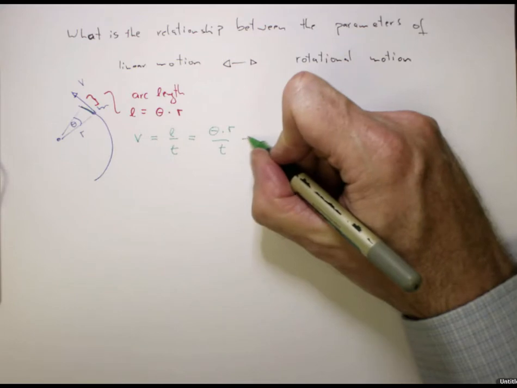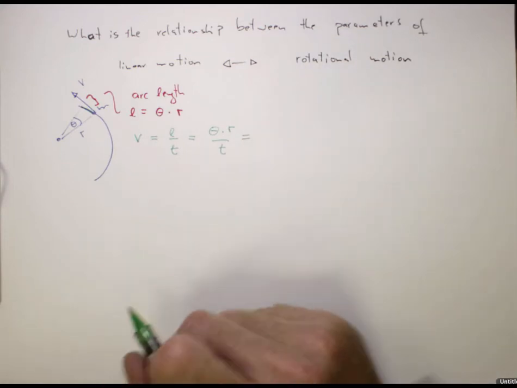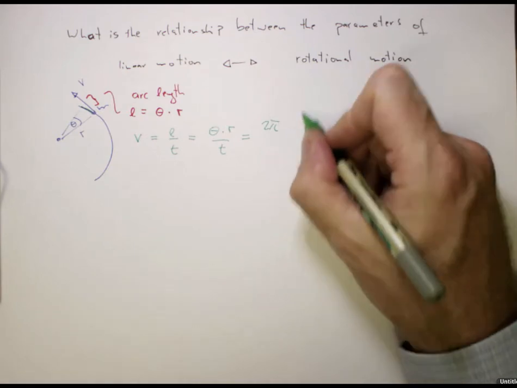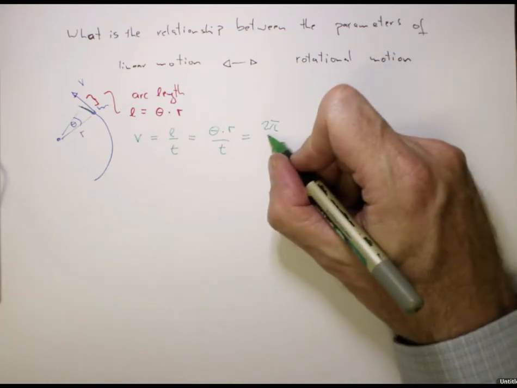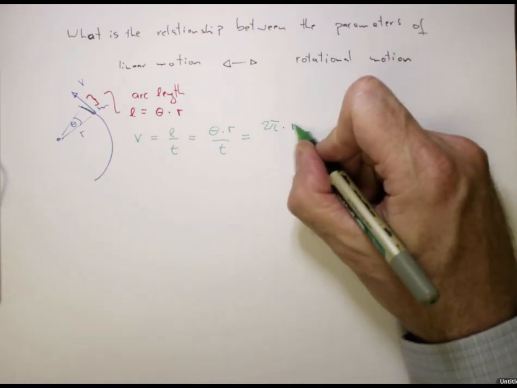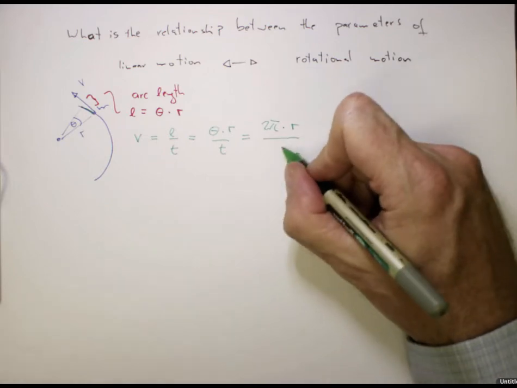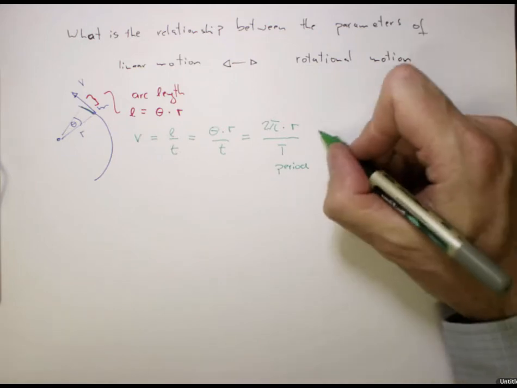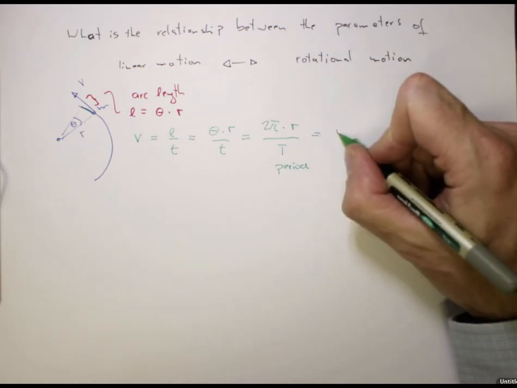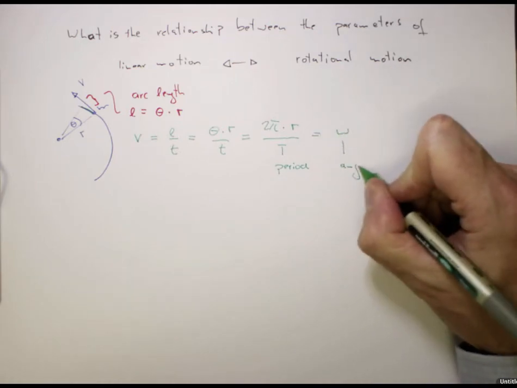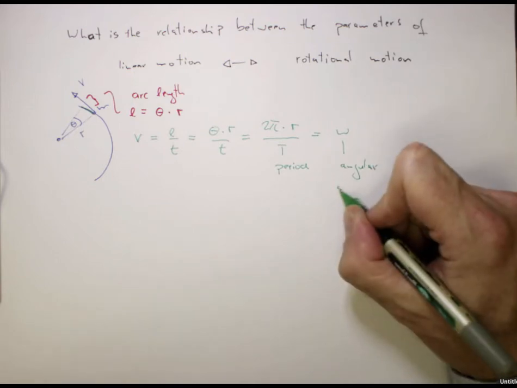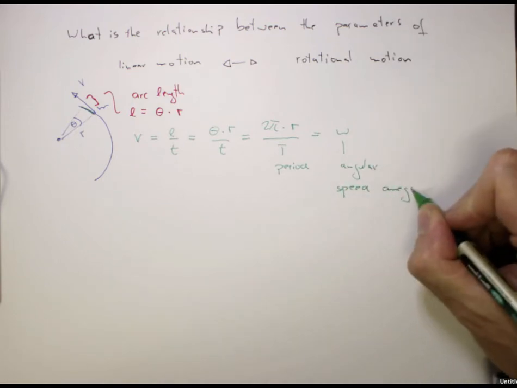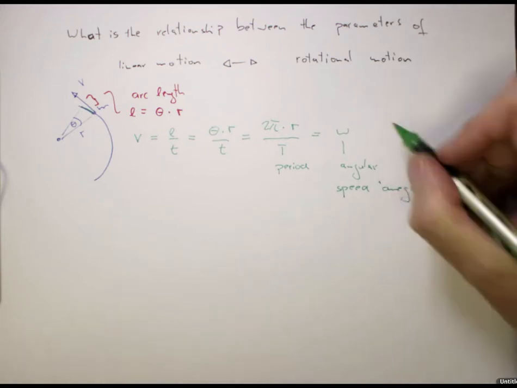Now, if we assume uniform circular motion, then we can express that as a full circle, 2 pi times the radius of the circle divided by the period, T, and thereby introduce the angular speed omega, times r.